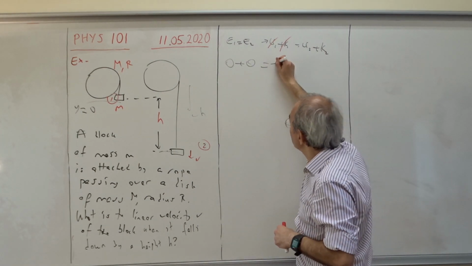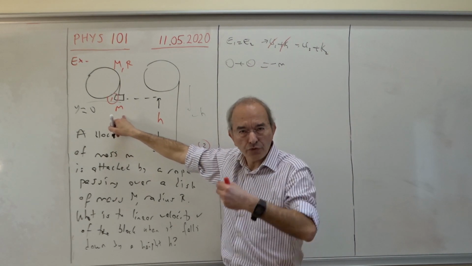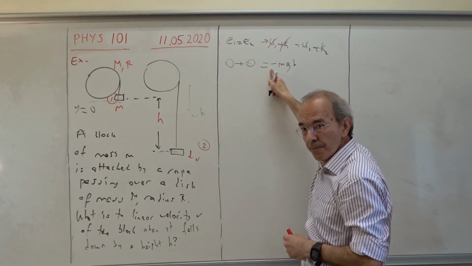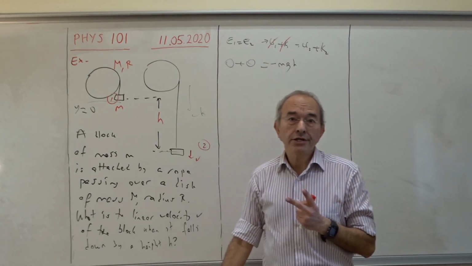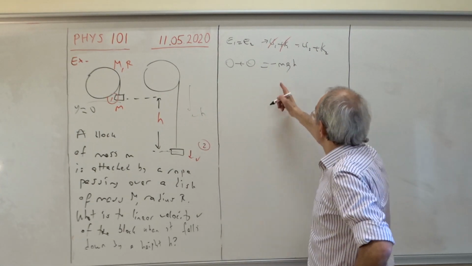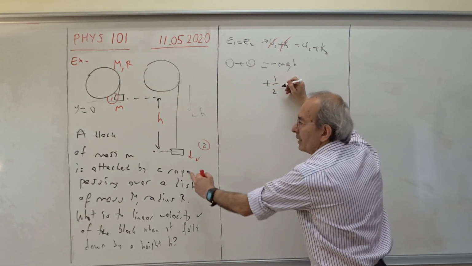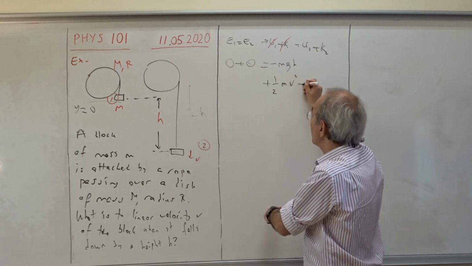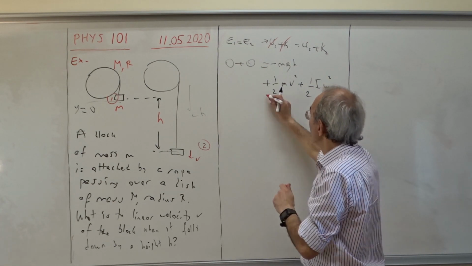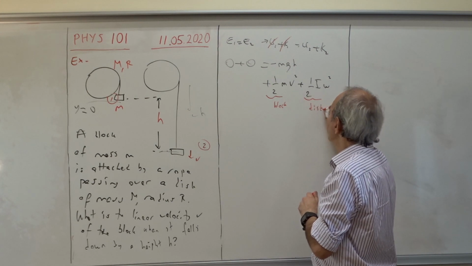So the potential is simply minus little m, don't confuse the masses by the way, little m is the mass of the falling block, g and h, and it is negative. Plus there are two kinetic energy terms, one for the block, one for the rotating disk. So plus 1/2 little m v squared plus 1/2 capital I omega squared. This is for the block, this is for the rotating disk.